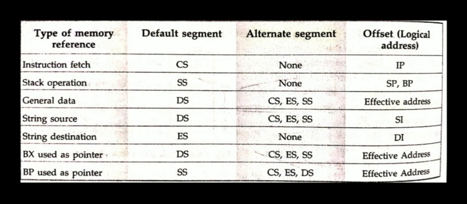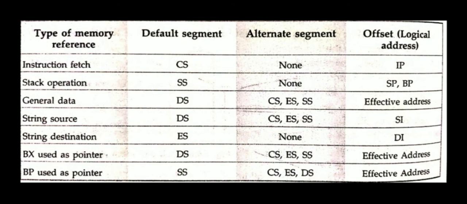It is used for easily defining the types of memory reference. Instruction fetch: default segment CS, alternate segment none, logical address IP. Stack operation: default segment SS, alternate segment none, logical address SP and BP. General data: default segment DS, alternate segment CS, ES, SS, logical address effective address.